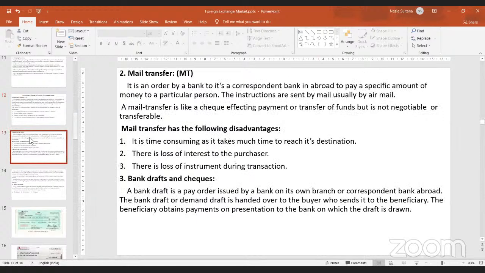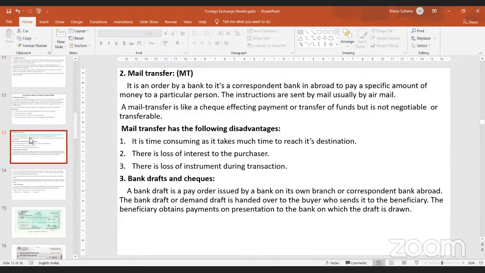Then you have mail transfers, where the bank which is buying or selling in a particular country on behalf of an individual can also do the transfers through a check which may come or go through your airmail. For example, I'm instructing my bank to pay some money to somebody in London through a check.